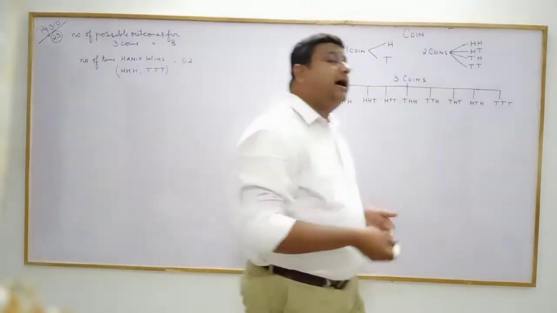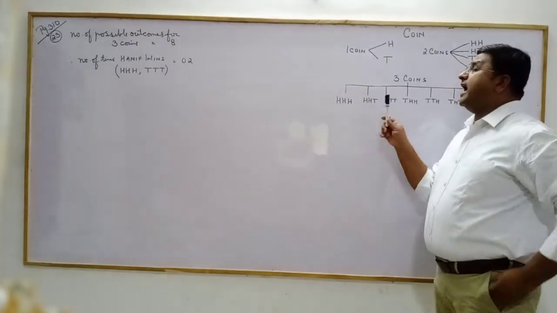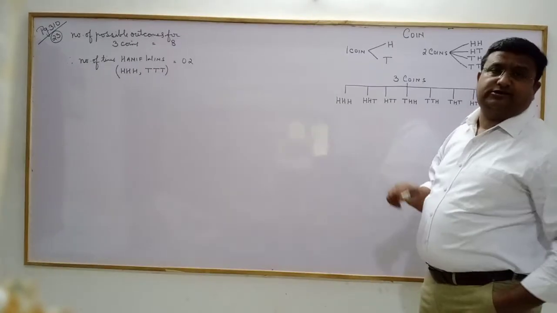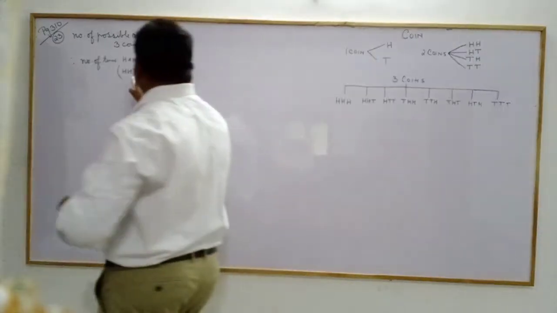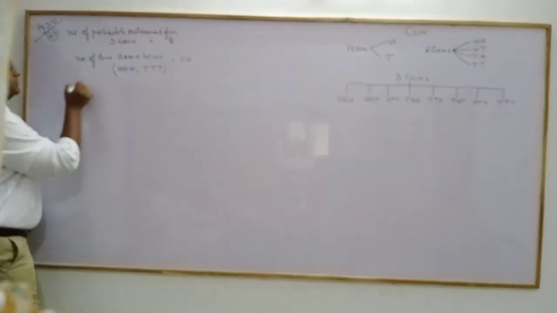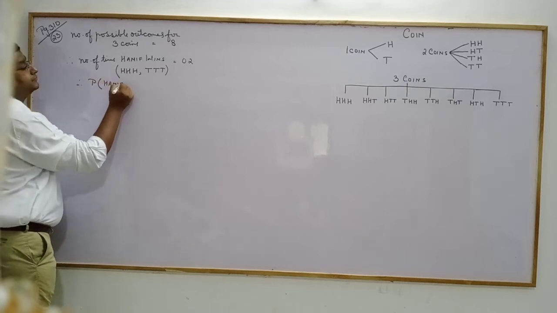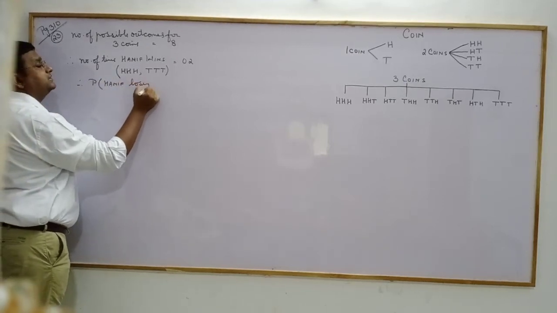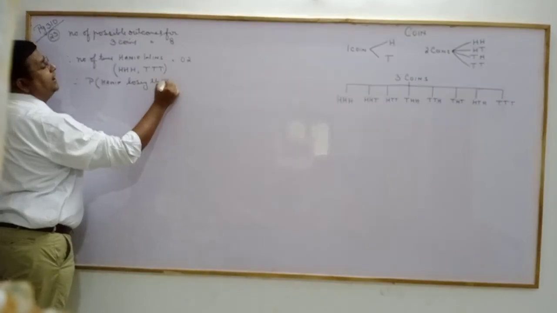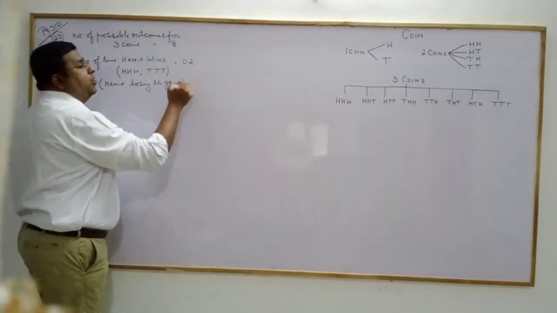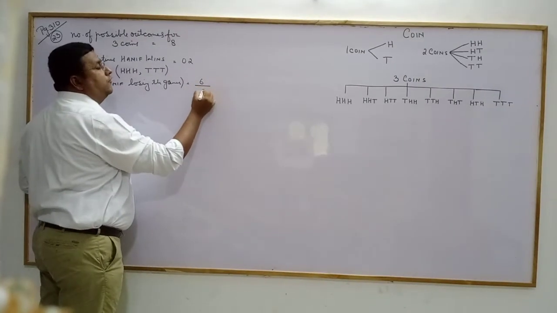He clearly mentioned Hanif wins the game if he has the same result on all 3 coins. So he wins only if it is head, head, head or tail, tail, tail. So therefore, the probability of Hanif losing the game: how many? 6 out of 8.